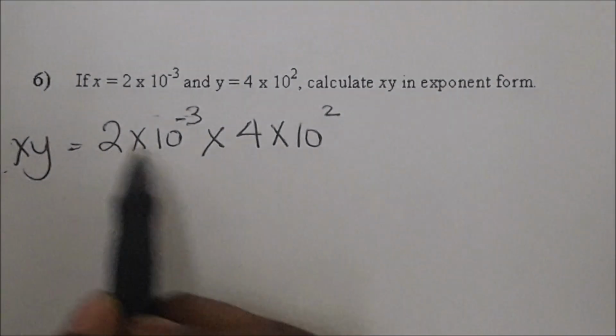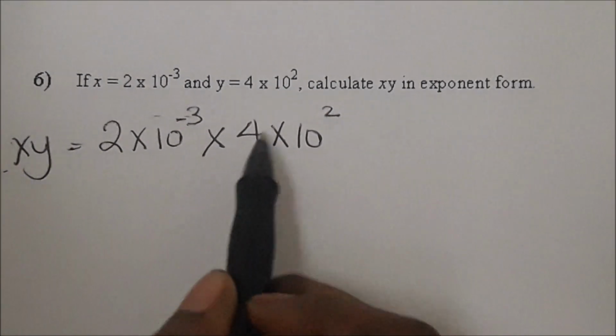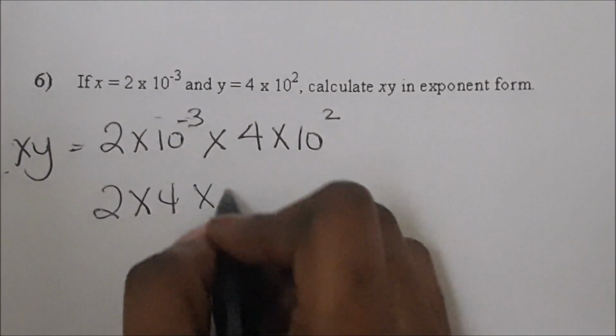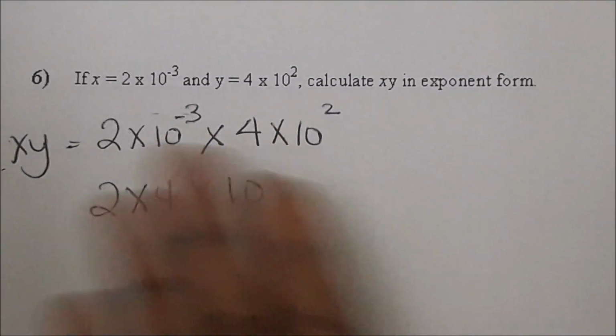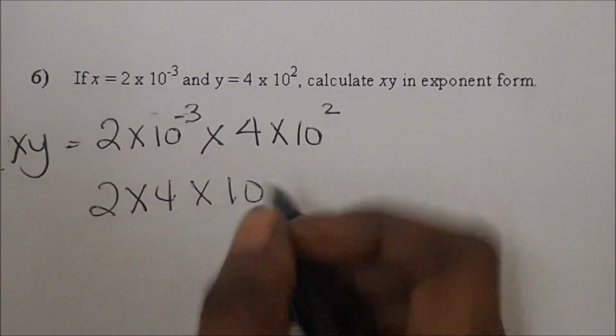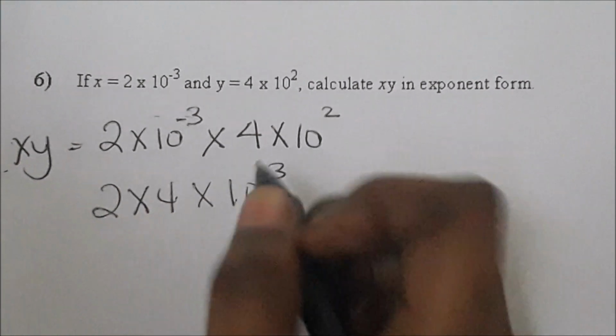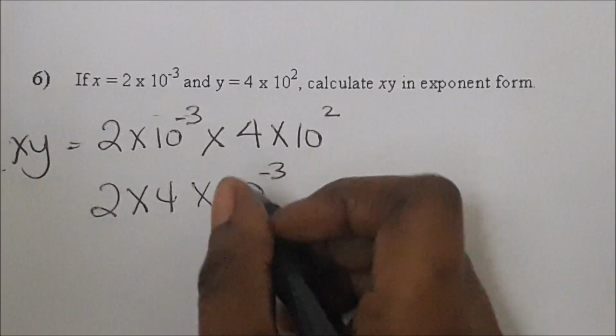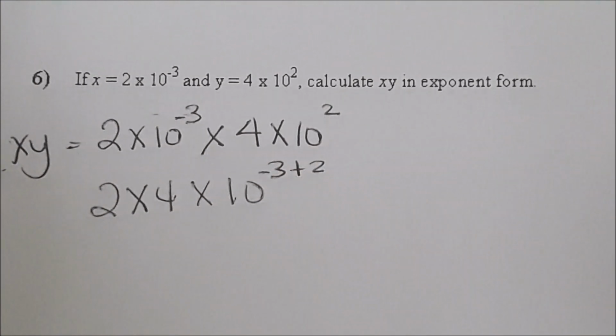Right. I like to put my whole numbers together, 2 times 4. So I'll say 2 times 4 times 10, seeing that we don't have to write 10 twice, 10 to the negative 3. And because our bases are the same, we add our exponents. Negative 3 plus 2. Very good.